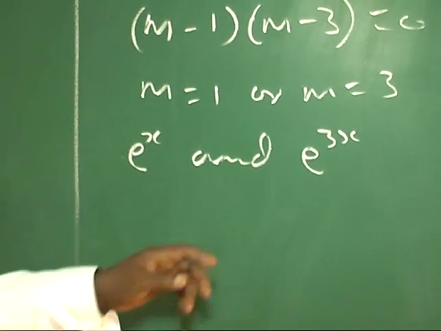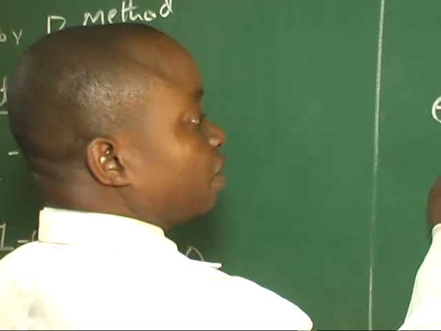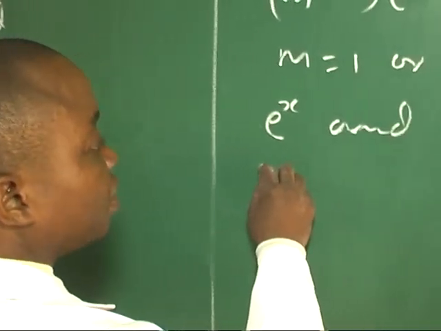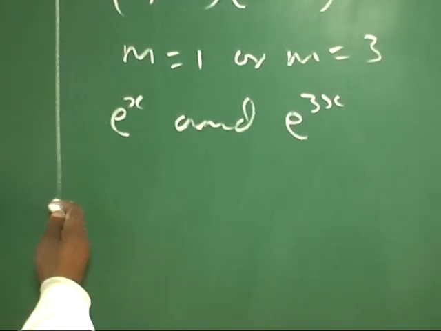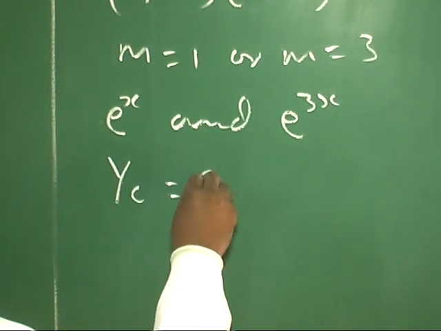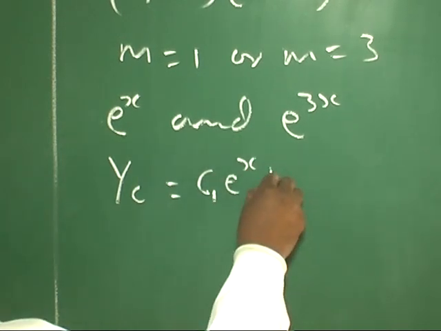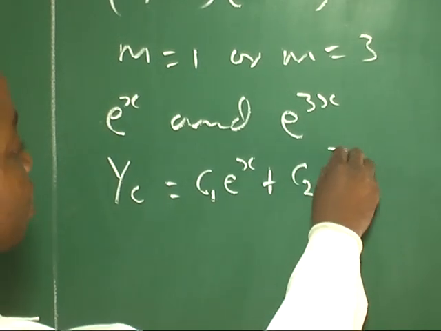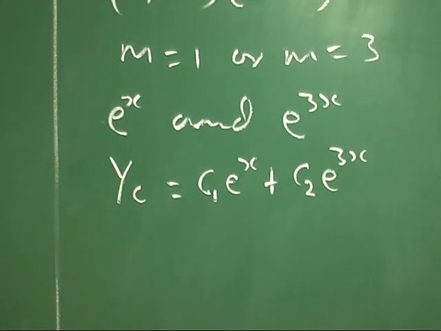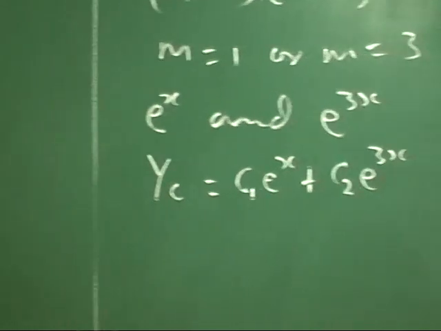So that the complementary part, the yc part, will be c1 exponential x plus c2 exponential 3x. Now, we want to solve the other part.